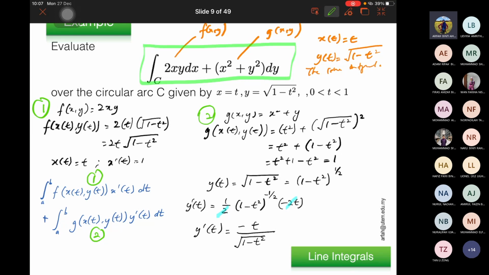Dan, this one. Yes. Okay, good. So kita tengok the first one.